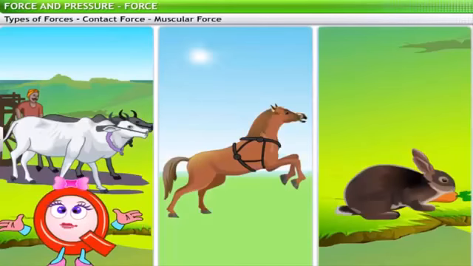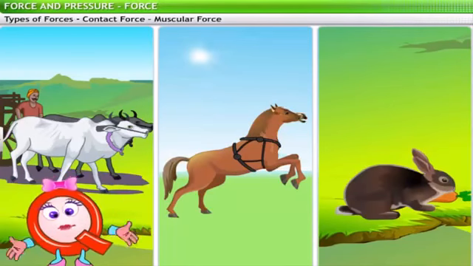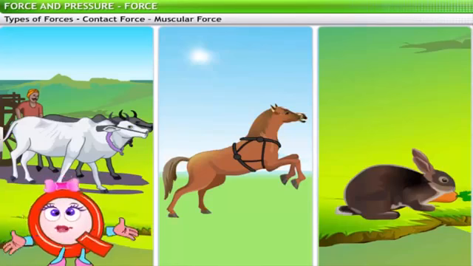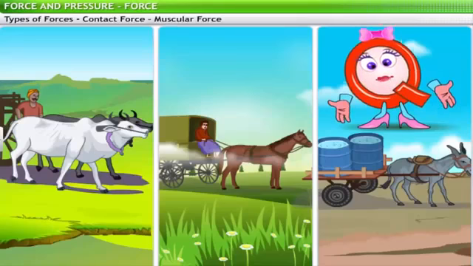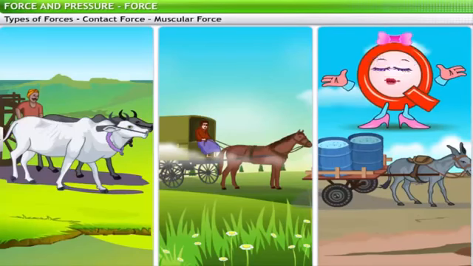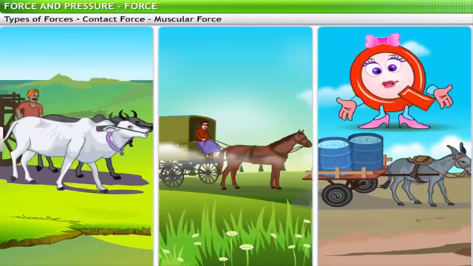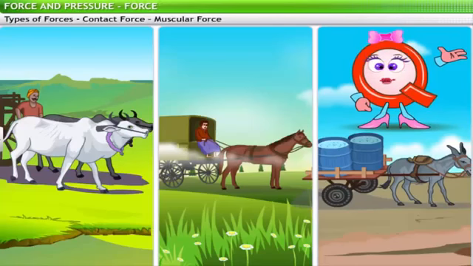You see animals walking, galloping, or eating. All these actions also involve muscular force. Animals like bullocks, horses, and donkeys are used to draw carts and perform other tasks for us. All these animals use muscular force to perform such tasks.